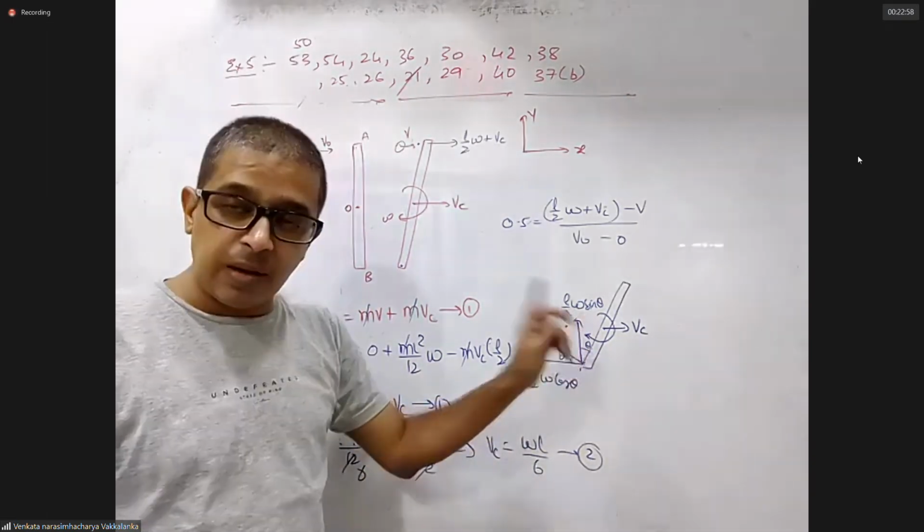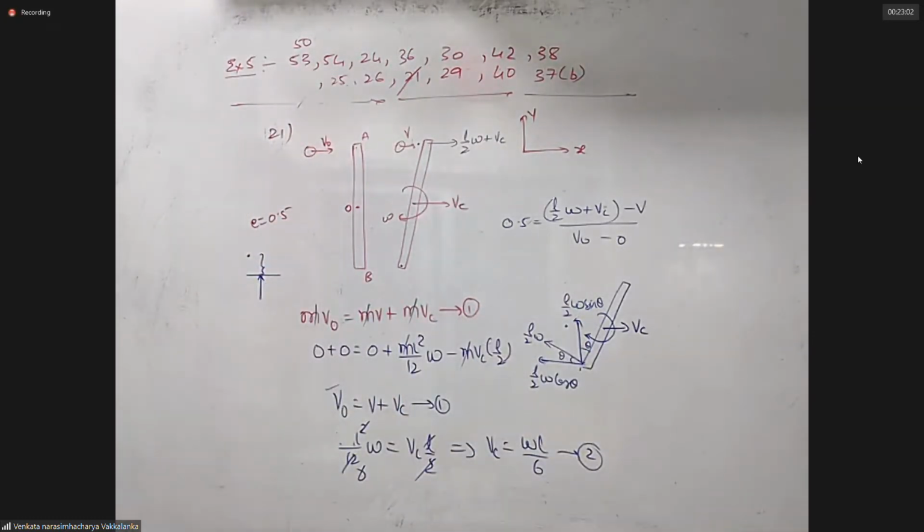Along y-axis, velocity is L by 2 omega sin theta. Done, sir.